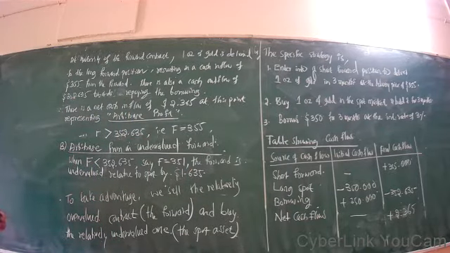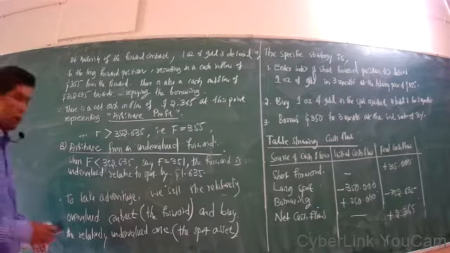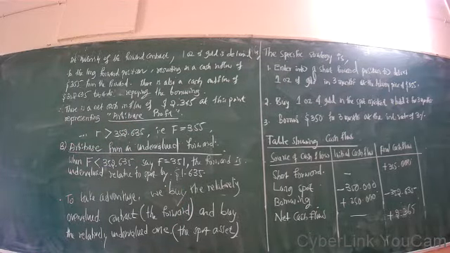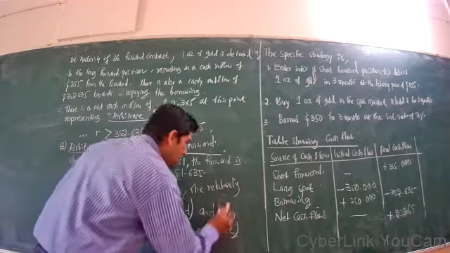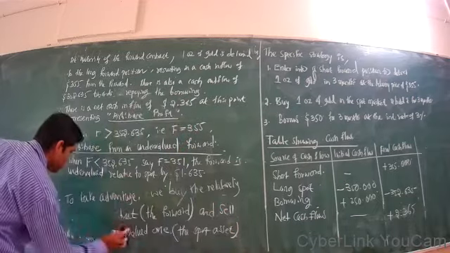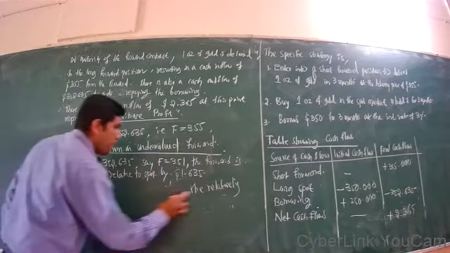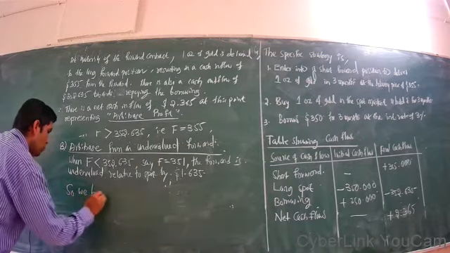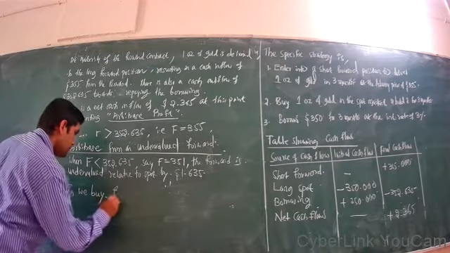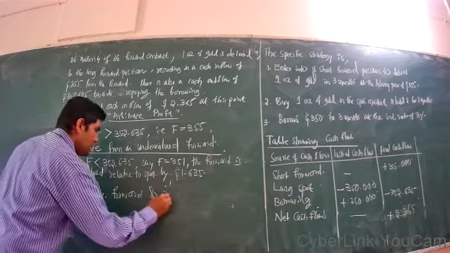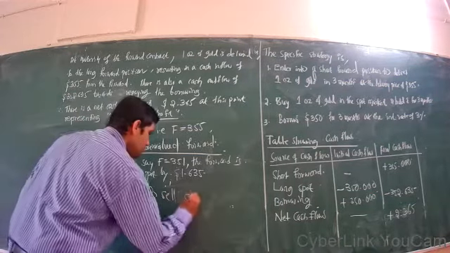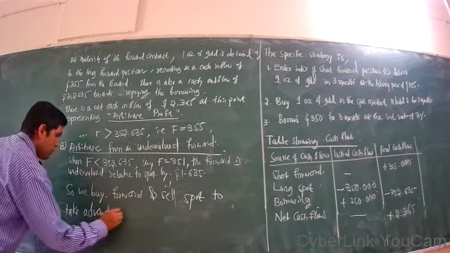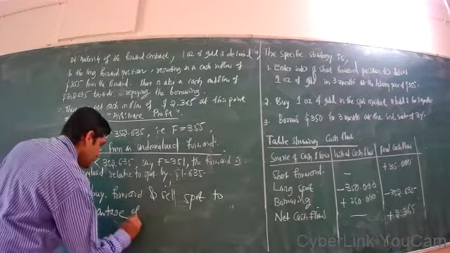So to take the advantage, we buy the forward, the relatively undervalued contract, and sell spot to take advantage of the mispricing.